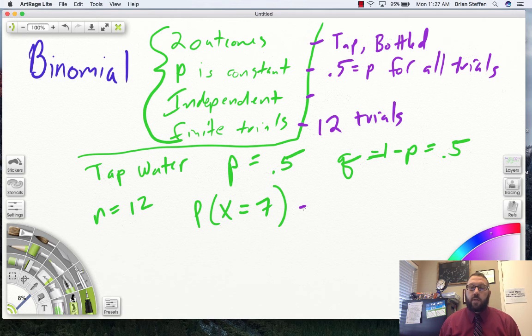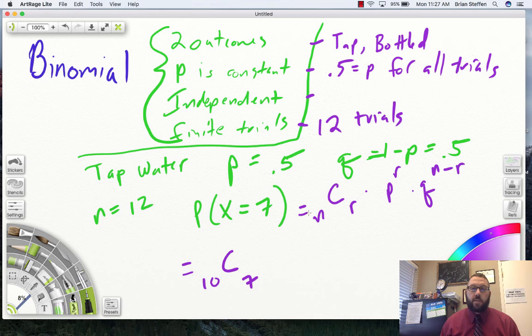So then I go to the binomial formula, which is nCr times p to the r times q to the n minus r. And then I substitute in values. So this is going to be equal to 10 combination 7.